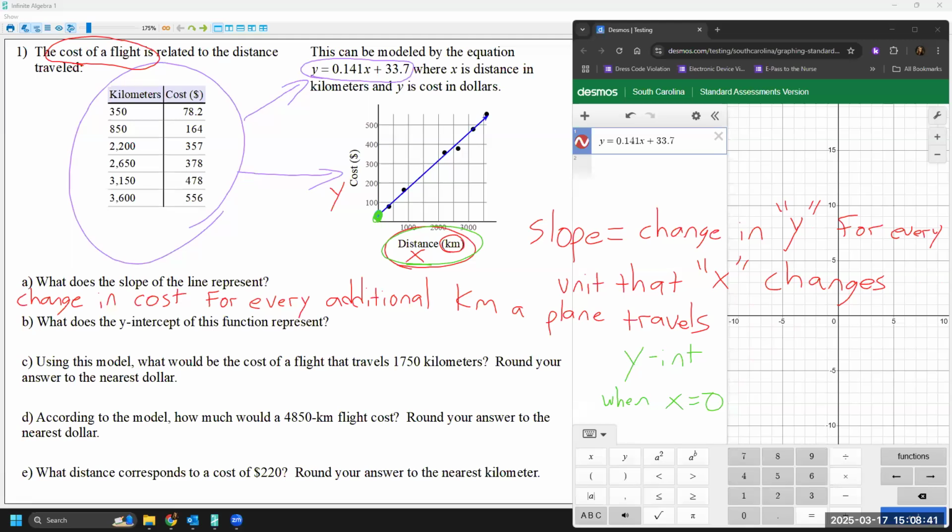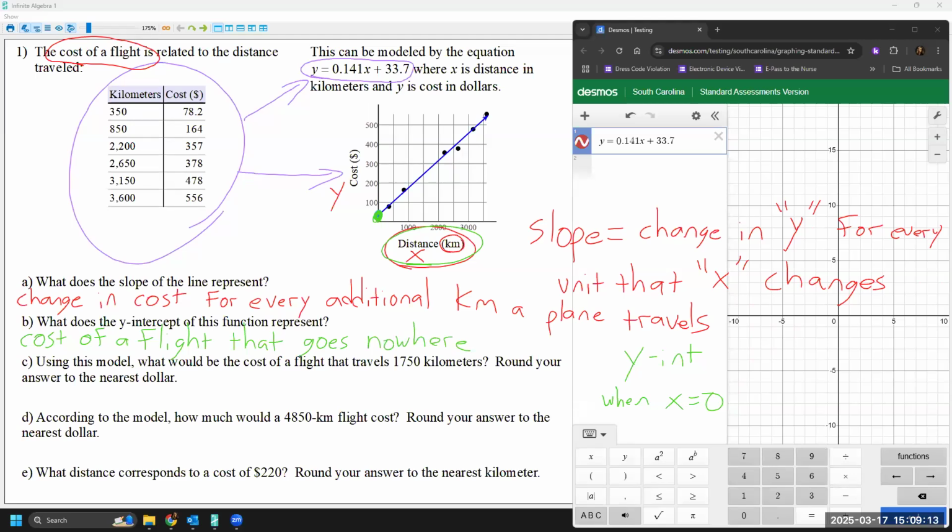Well, what is y when the airplane's not going anywhere? So y is the cost of a trip, or maybe I should say a flight, because we're talking about airplanes. A flight that you could say goes 0 kilometers, or that goes nowhere.